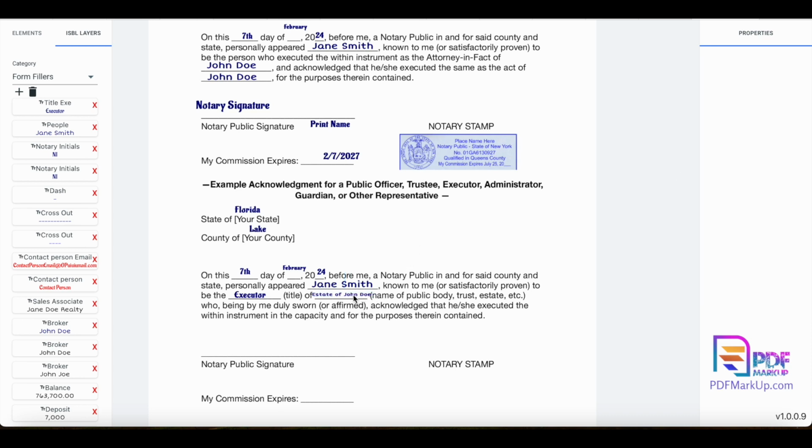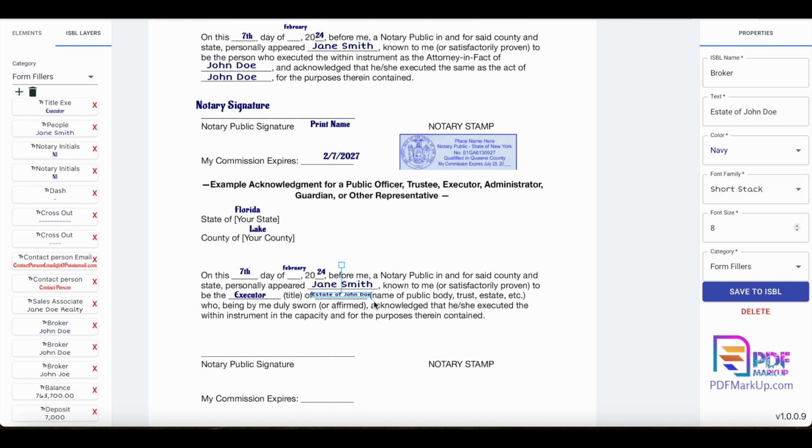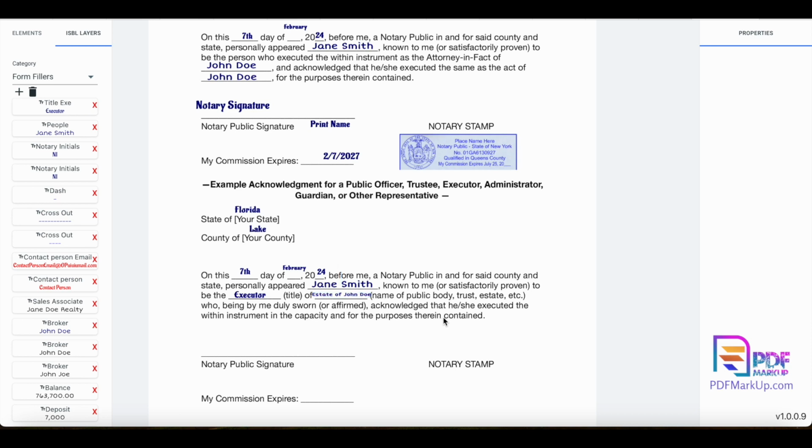Estate of John Doe. The acknowledgement serves to verify, okay, estate of John Doe, who, being by me duly sworn or affirmed, acknowledged that he or she executed the within instrument in the capacity and for the purpose therein contained.